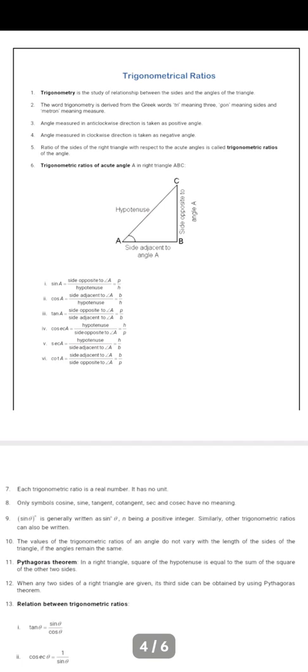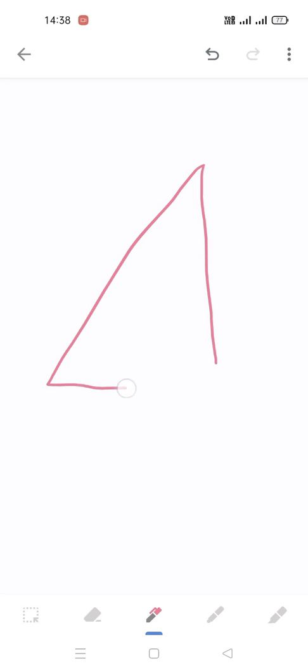Now, trigonometric ratios of an acute angle in right triangle ABC. Suppose I draw a right angle. This is a right angle, so this is 90 degrees.